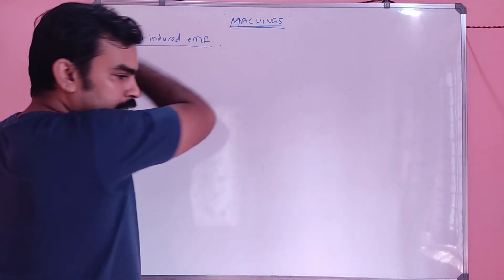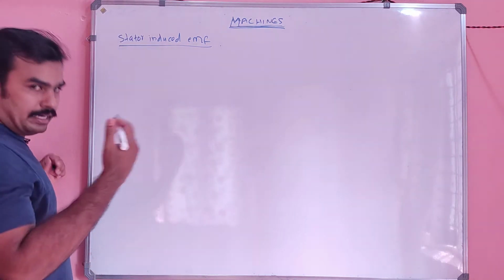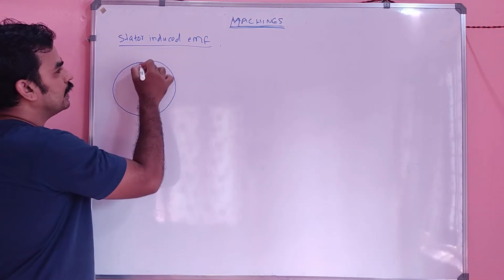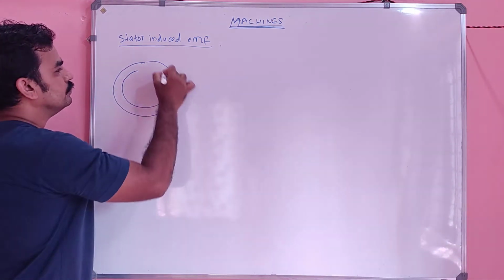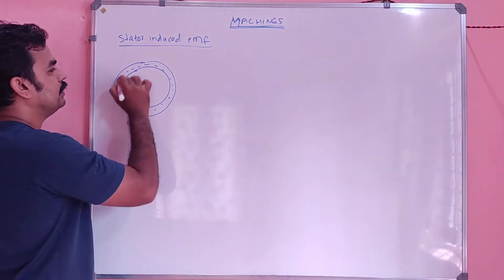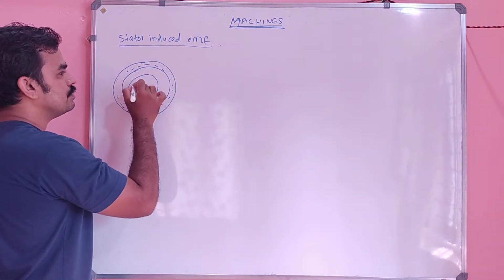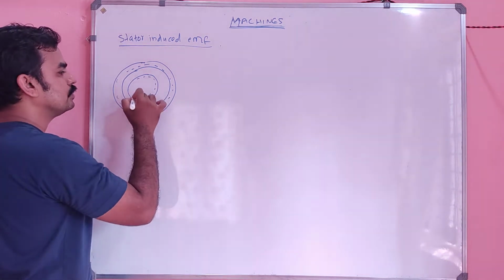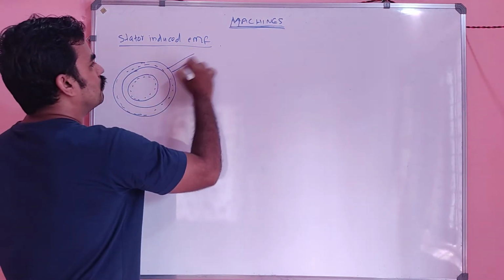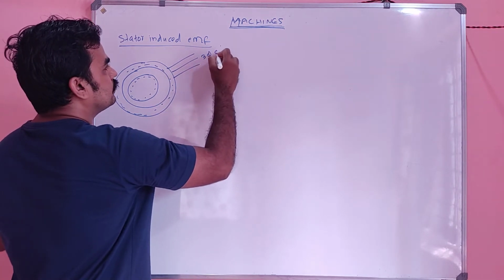See, there is the stator, and there will be some stator winding, and inside that there is the rotor. There is of course some rotor winding. In the stator winding you are going to give a 3-phase supply, correct?